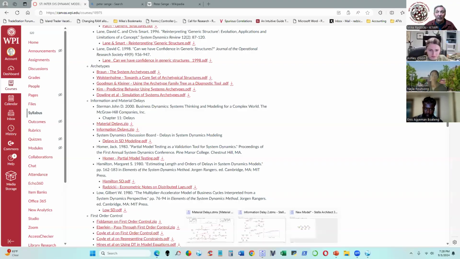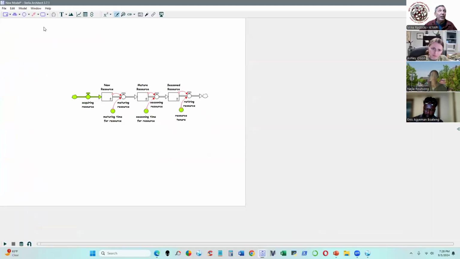If we go to Stella over here, you see the stocks here, non-negative stock. Does everybody see that? I'm assuming everybody can see that. Okay, so good. Originally in Stella, there wasn't this option, non-negative stock. That didn't exist. It was just stock.